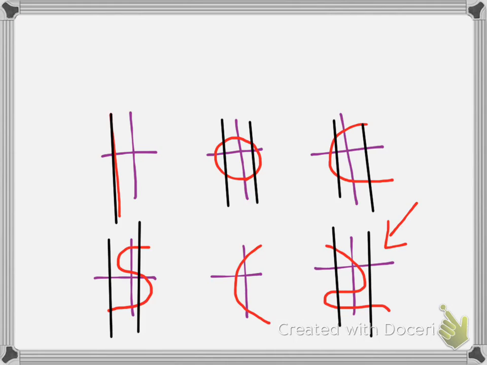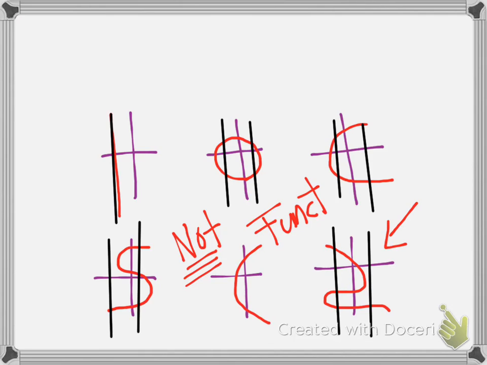But, excuse me, you just hit 3 times. You're not a function. And that, kids, is the only thing that you have to understand about functions, is they have to hold up to the vertical line test. These guys are not functions. They just failed all over the place, right?